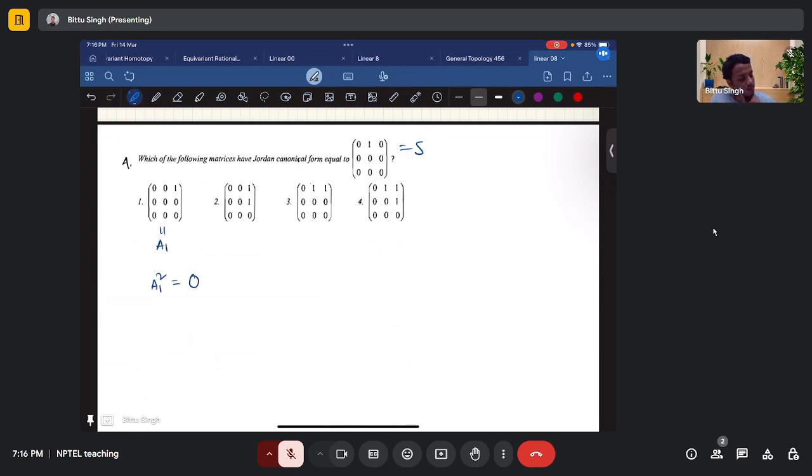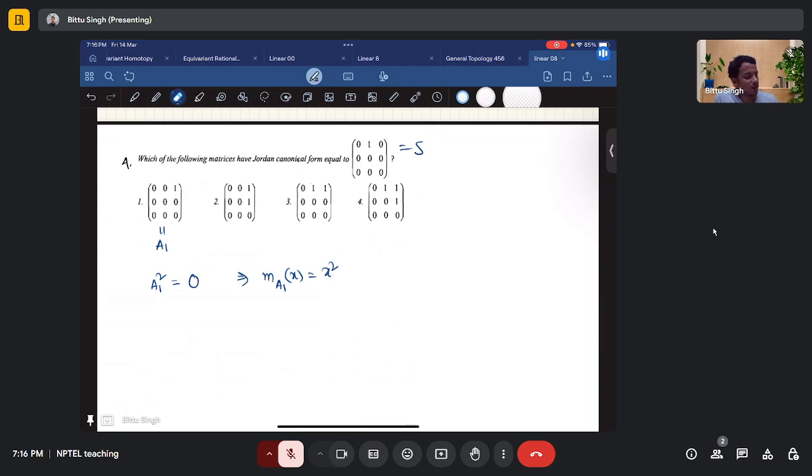It is easy to see that by multiplying A1 twice, taking the first row, we get 0. So A1 square equals 0. Therefore the minimal polynomial of A1 is x square, because A1 is non-zero, so x cannot be an annihilating polynomial.